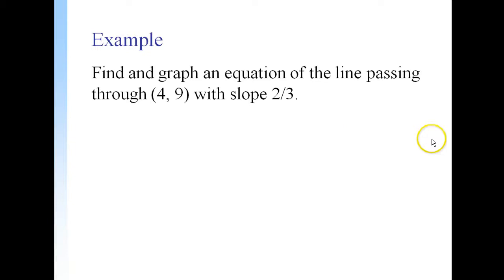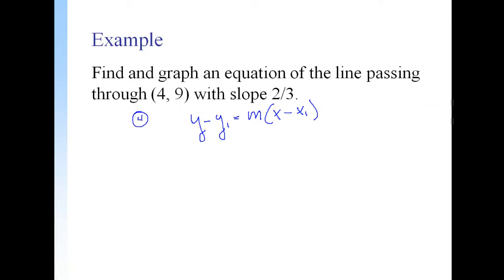What we're going to do is set up the equation y minus y sub 1 equals m times x minus x sub 1. Now this is an equation I've memorized. We're calling that equation 4, by the way.